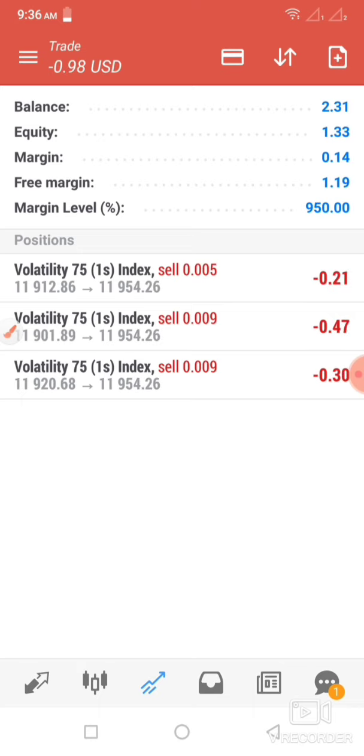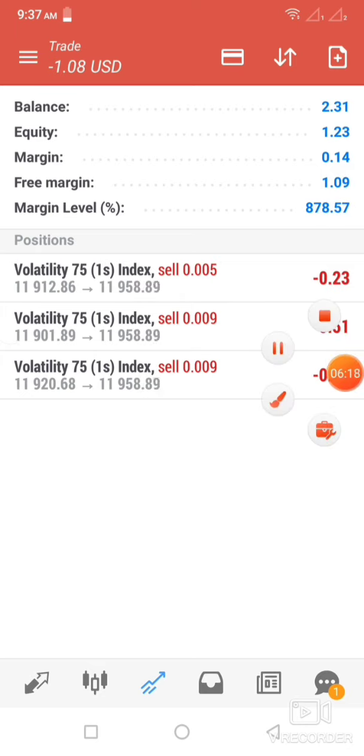A loss can be closed and you get into profit, or a loss can be held until you reach the level where you have profit. So I will hold these trades until they give me profit. But don't open too many trades on a very, very small account.